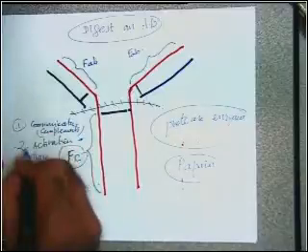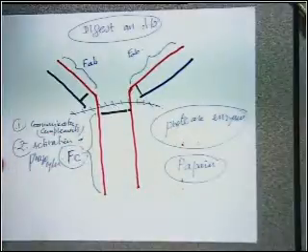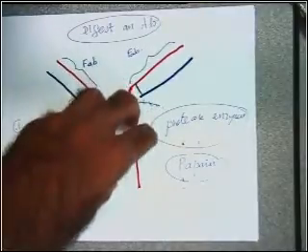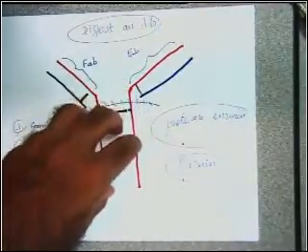So there are two functions of the constant region. Any antibody will do the same function. So this structure, we call it the constant region of antibody.